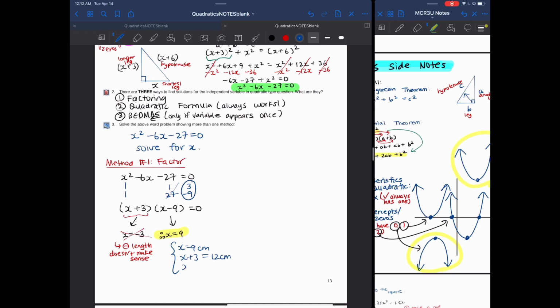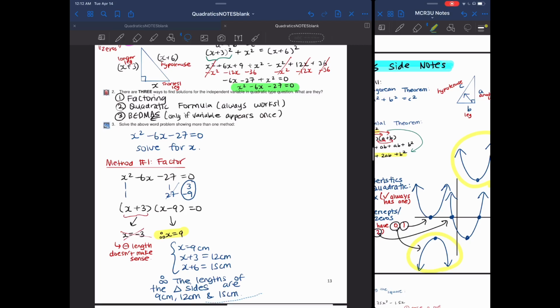And then x plus 6, which is the hypotenuse, means 9 plus 6 is equal to 15 centimeters. So therefore, the lengths of the triangle sides are 9 centimeters, 12 centimeters, and 15 centimeters.